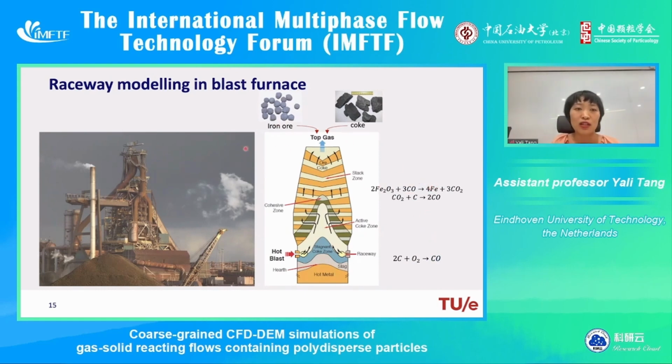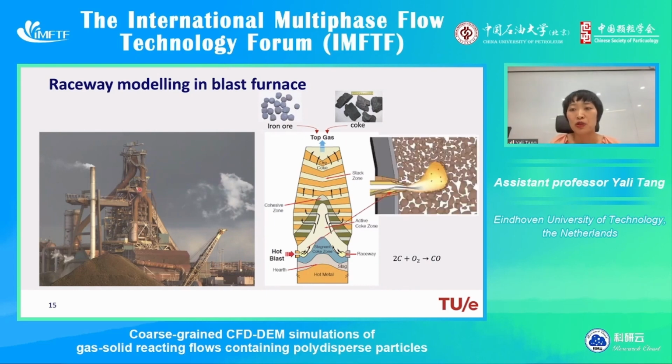As you can see, this furnace is huge, so it is actually a mission impossible to simulate it in a single model. That's why our project targets the lower part, nearby this injection zone. And here is a zoomed-in picture of this injection area.